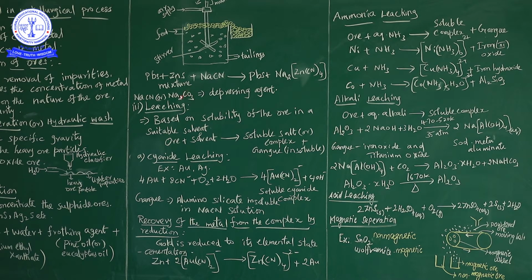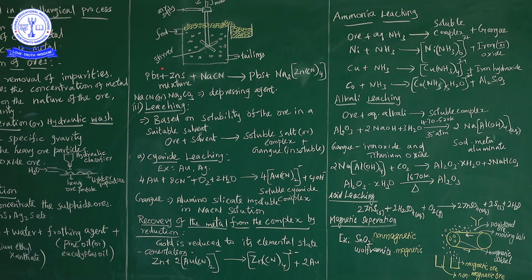Sodium cyanide or sodium carbonate is known as a depressing agent, because here we want to concentrate only the lead sulfide. But the zinc sulfide interferes with the concentration of the lead sulfide because both are sulfide ores.